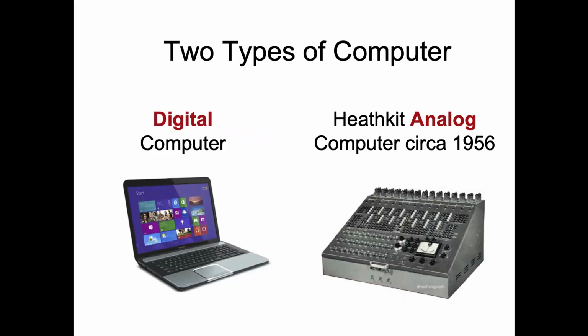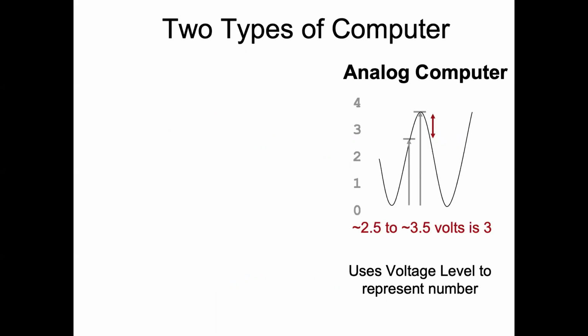Digital computing systems depend on discrete values for computing, and analog computer systems take advantage of continuous values for computing. So in an analog computer system, instead of having a particular value to represent a number, we could potentially represent a wider range of numbers by having a range of values to represent something.